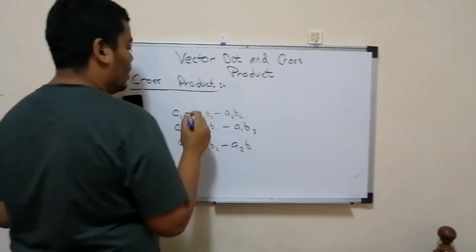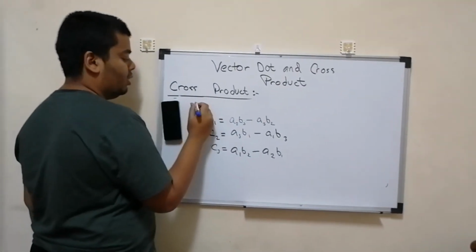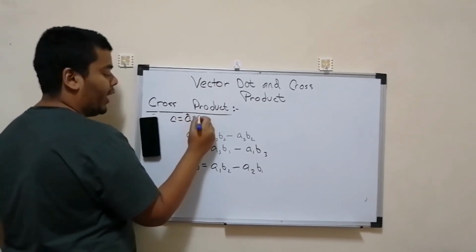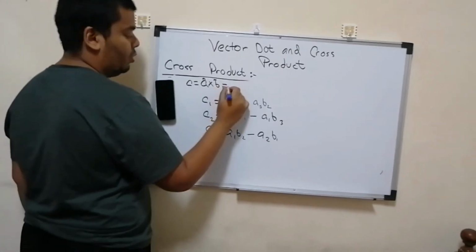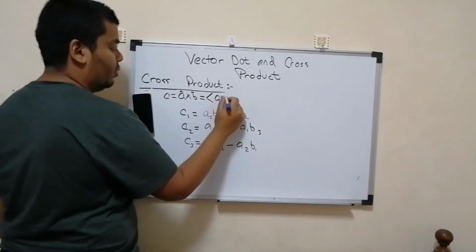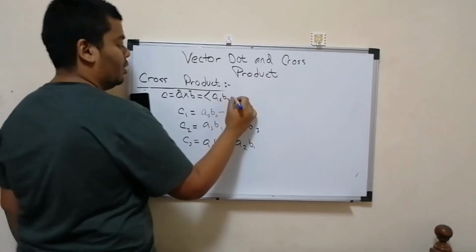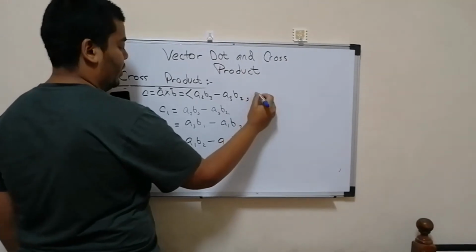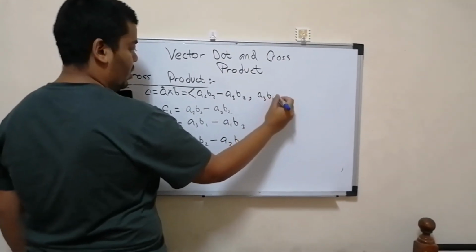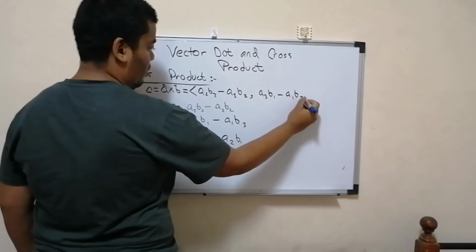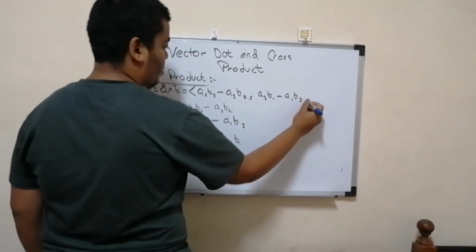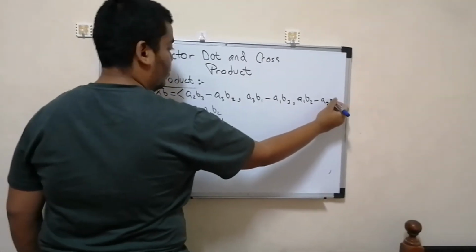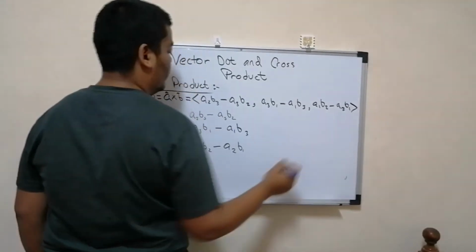We have the vector C, which is equal to the cross product of A into B, which is (A2 B3 minus A3 B2, A3 B1 minus A1 B3, A1 B2 minus A2 B1). This is the vector C.